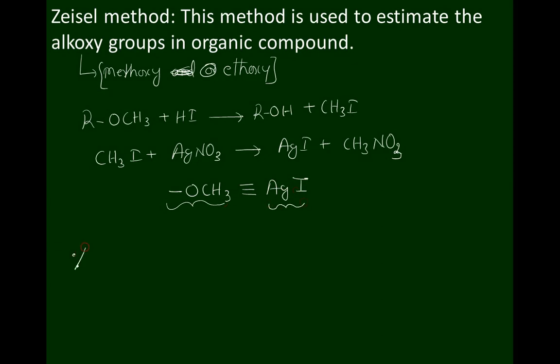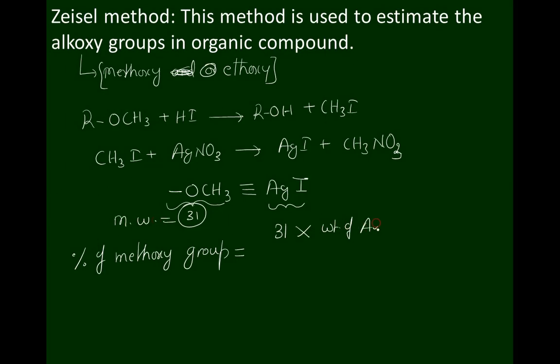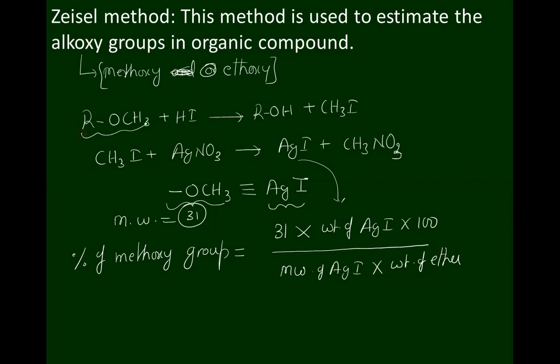Therefore, the percentage of methoxy group is always equal to 31, the molecular weight of the methoxy group, into the weight of silver iodide, into 100, divided by the molecular weight of silver iodide, into the weight of ether taken in the beginning of the reaction.